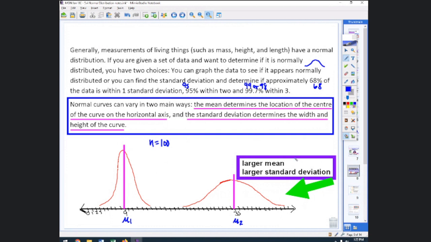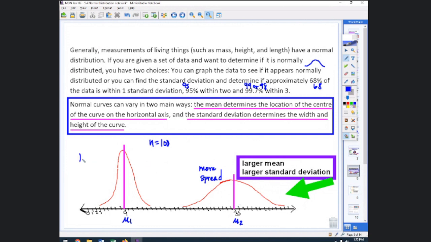So the standard deviation is the spread of the data. So this graph looks to have more spread. So remember, we did standard deviation before the break. Larger standard deviation means more spread. So it means the value for the standard deviation would be bigger.